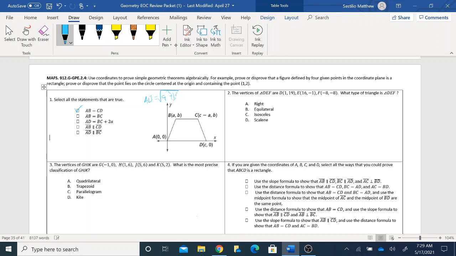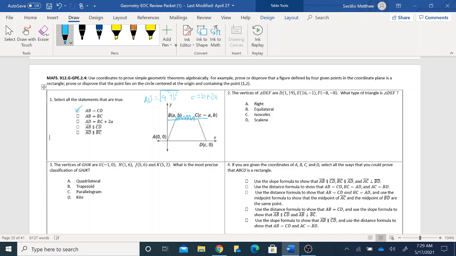And then BC is just C minus A. Or I guess you could say C is really B plus 2A, because if this is all of C, and this is A, and then this is B, that'd be 2A plus B.